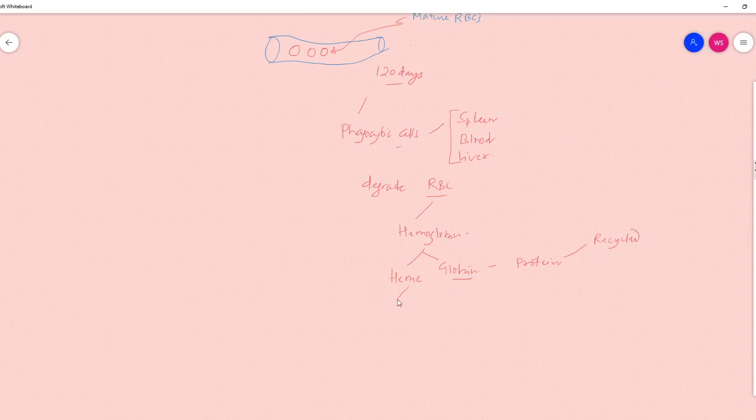Okay, from the heme, the iron part is again recycled, and this heme is degraded into bilirubin. Okay, this bilirubin goes into the blood.